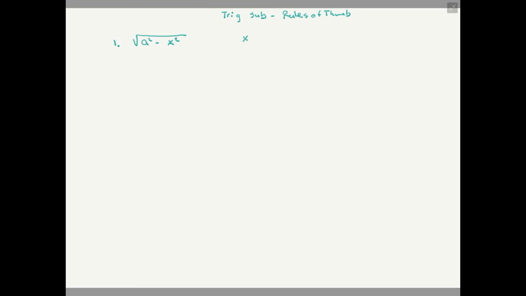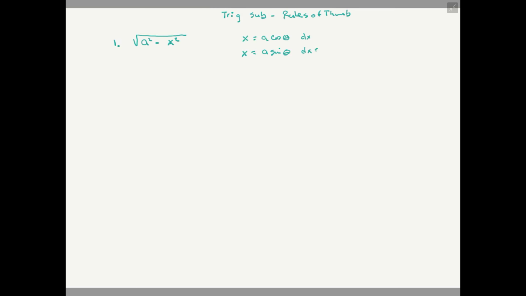And in this case, we want to choose x equals a cosine theta or x equals a sine theta, one of the two.